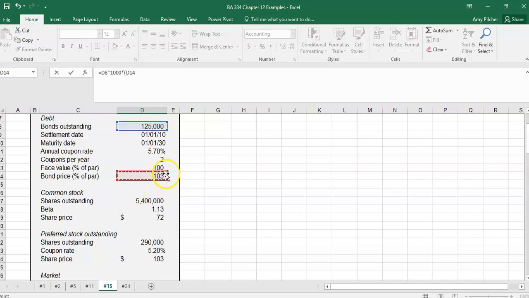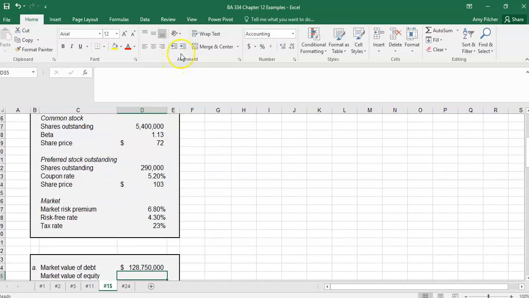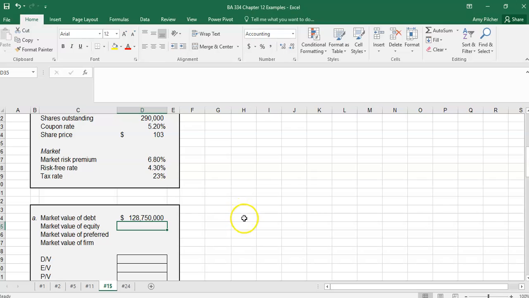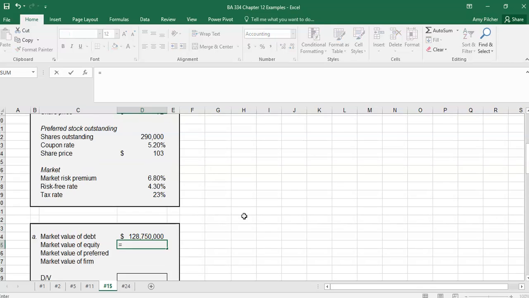We're currently trading on the market at a premium, divided by 100. So the market value of our debt is $128,750,000. For the market value of equity, we take the number of shares outstanding times the current share price.